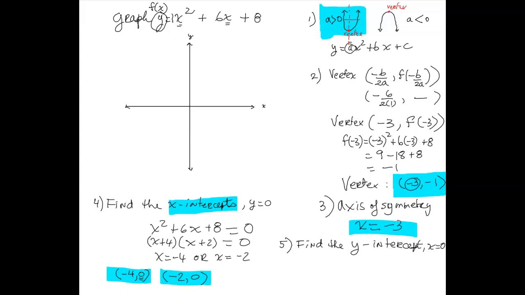So when x equals 0, y is equal to 0 squared plus 6 times 0 plus 8. So y is equal to 8. So it's going to be 0 for x and 8 for y. That's my y-intercept.